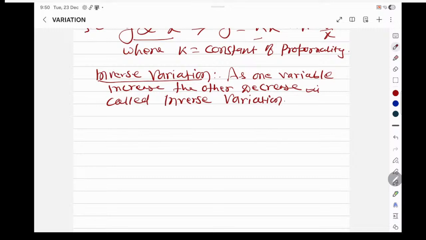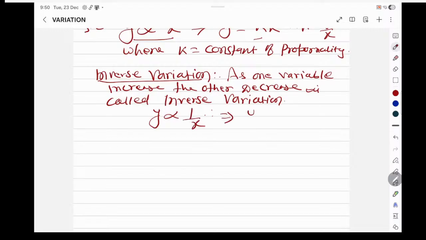Inverse variation means if I write xy is equal to k, so how can we define it? y is inversely proportional to x.